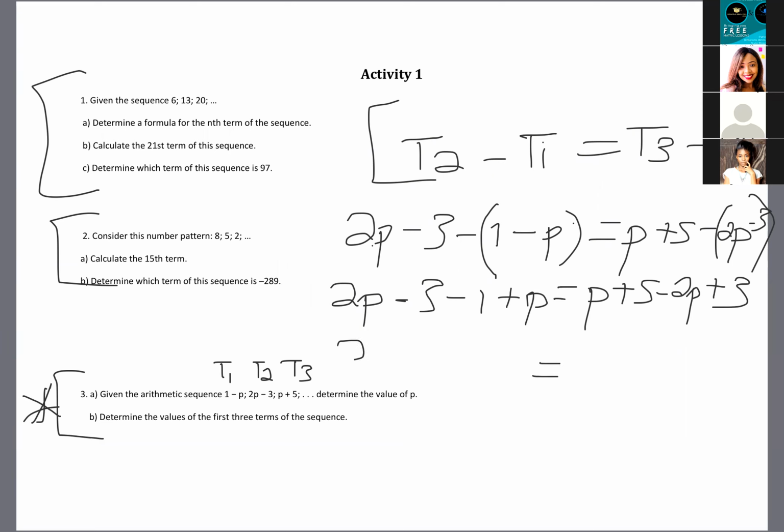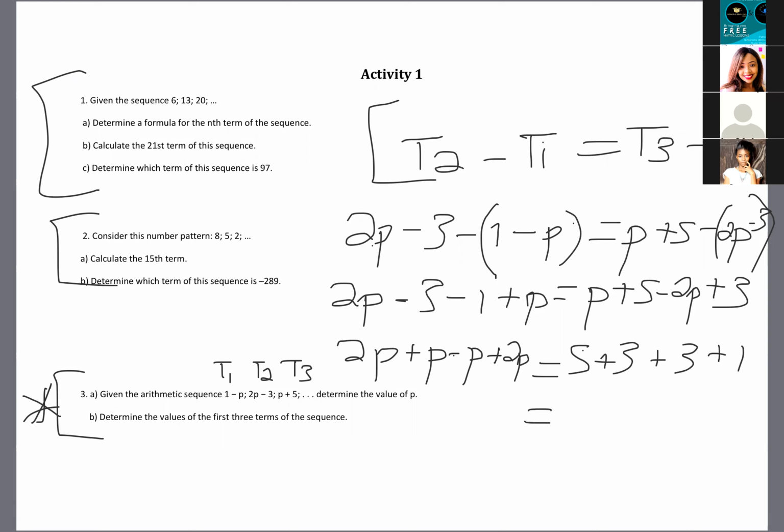So I'm going to have 2p plus p minus p plus 2p equals, and then I take all my coefficients on this side, and then I'm going to have 5 plus 3 plus 3 plus 1. And then I just solve for p.